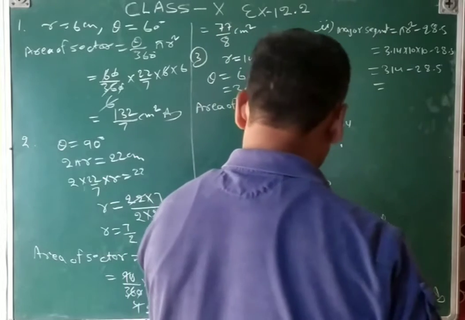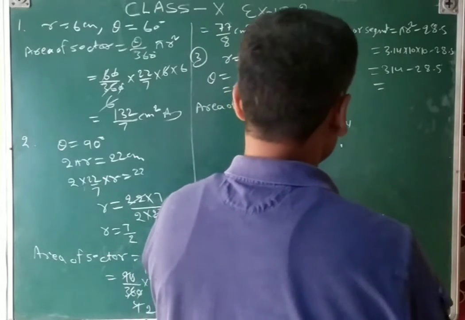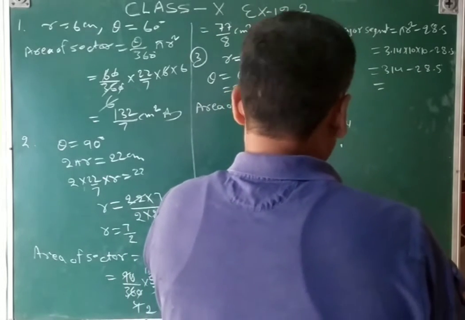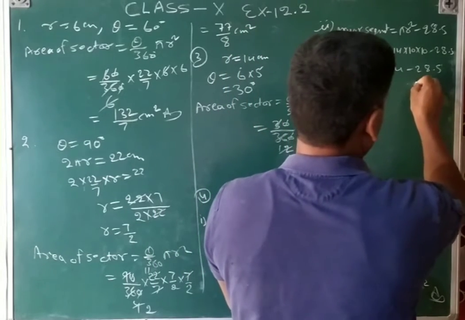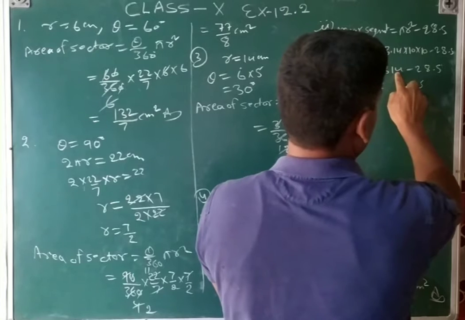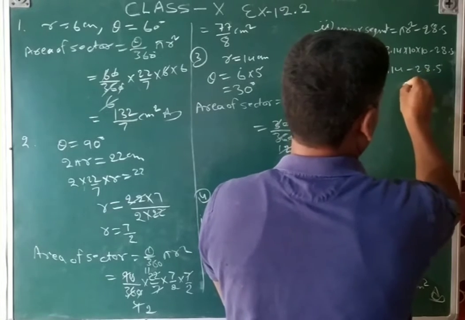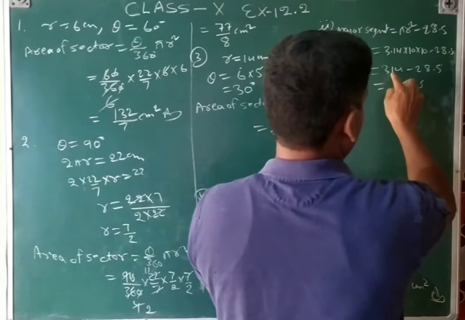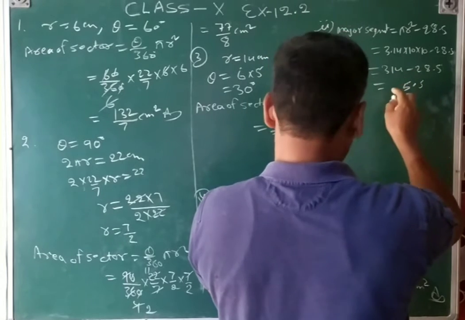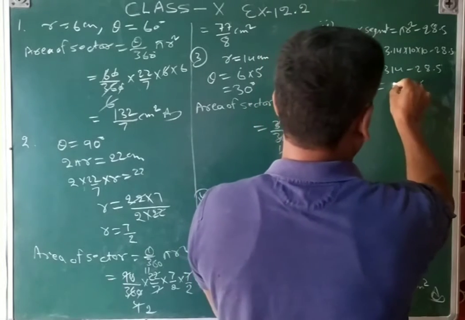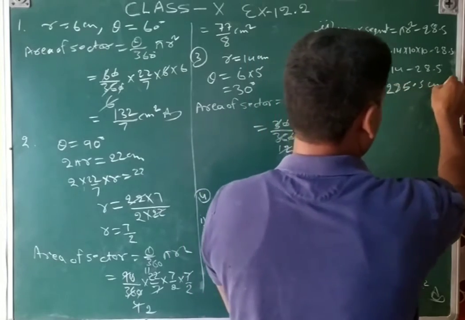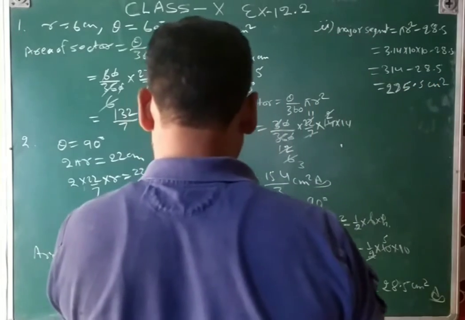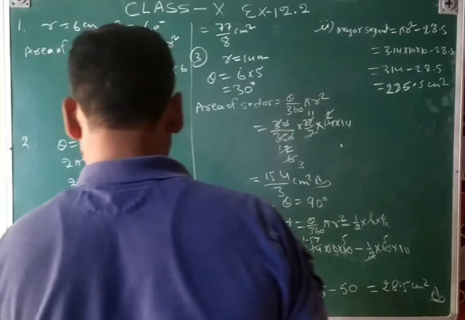By the subtraction of these two, that will become 285.5 centimeter square.